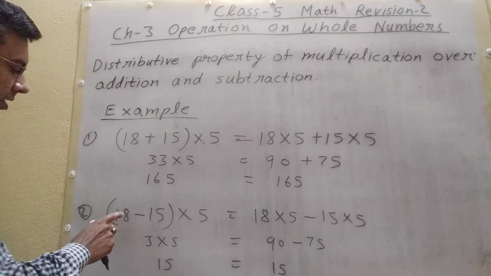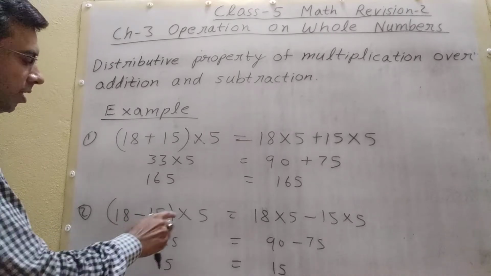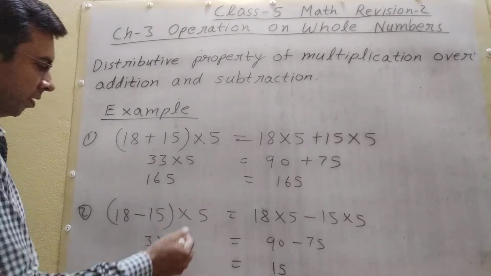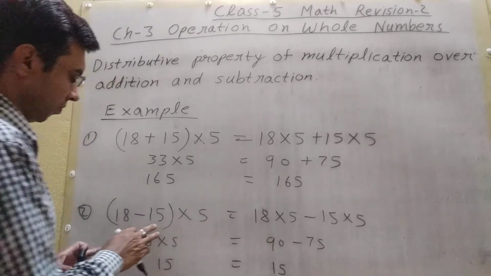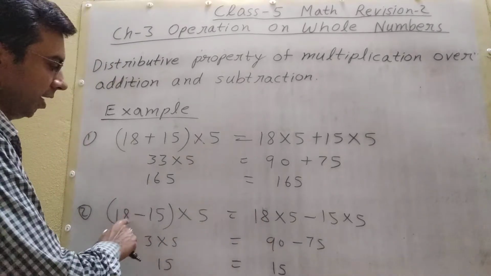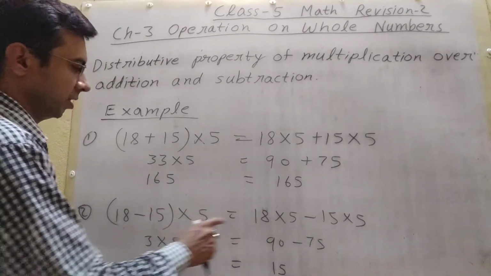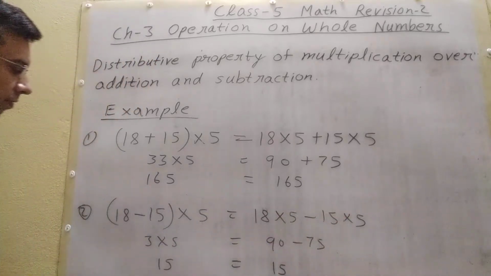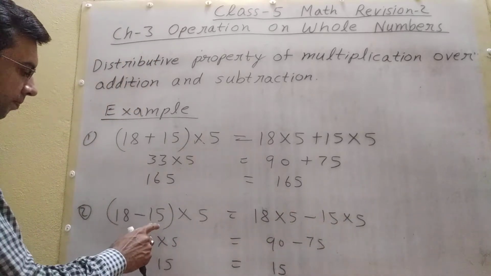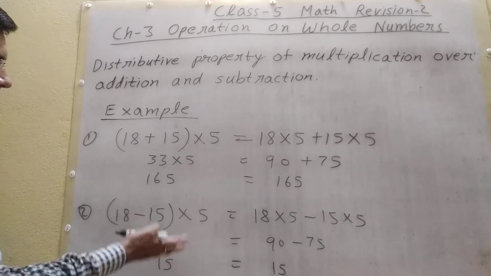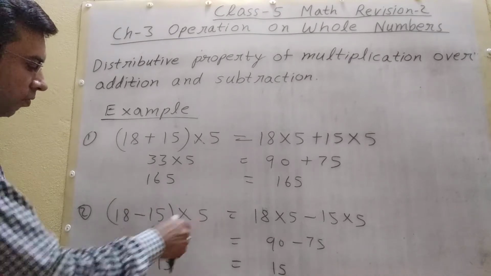Now subtraction. 18 minus 15 inside the bracket multiplied 5 is equal to, same process, 18 multiplied 5 minus 15 multiplied 5. 18 minus 15, 8 minus 5, 3, 1 minus 1, 0. So 3 into 5.